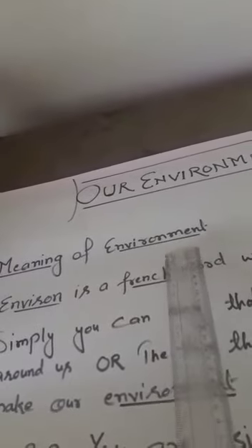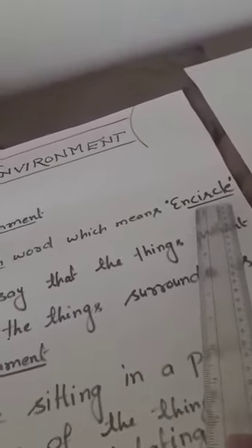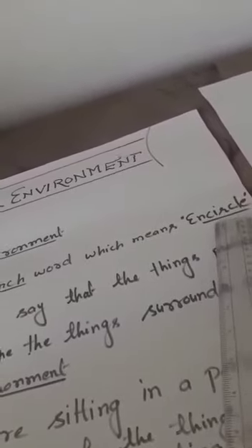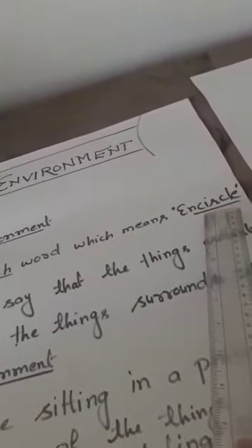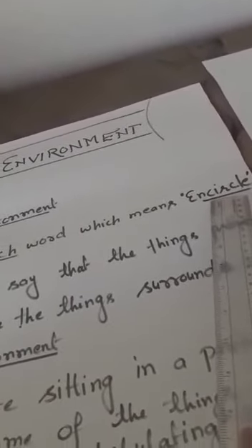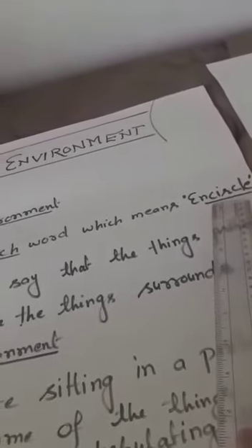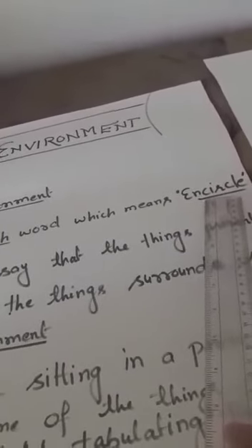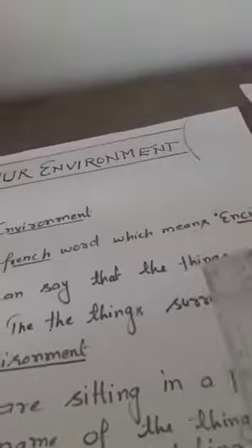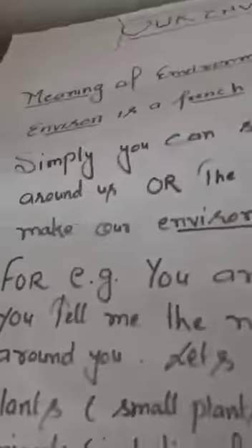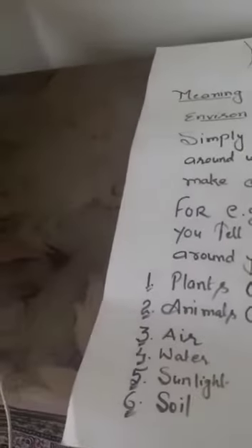From where does this word come? The answer is that environ is a French word which means encircle, as the word encircle is in English. So you can say that the things which encircle you make your environment, and the things which encircle you, you already told me, are the plants, animals, air, water, sunlight, and soil.